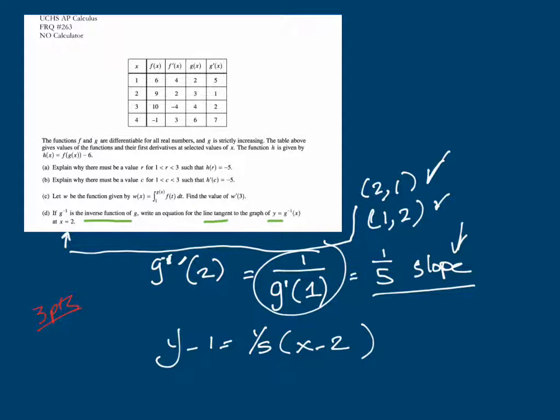You get 1 point for the inverse of g at 2, saying that it's 1. You get 1 point for finding the slope is 1/5, and then using 1 in it. And then you get 1 point for the equation. So there's your 3 points for that. So that was the total points for this.